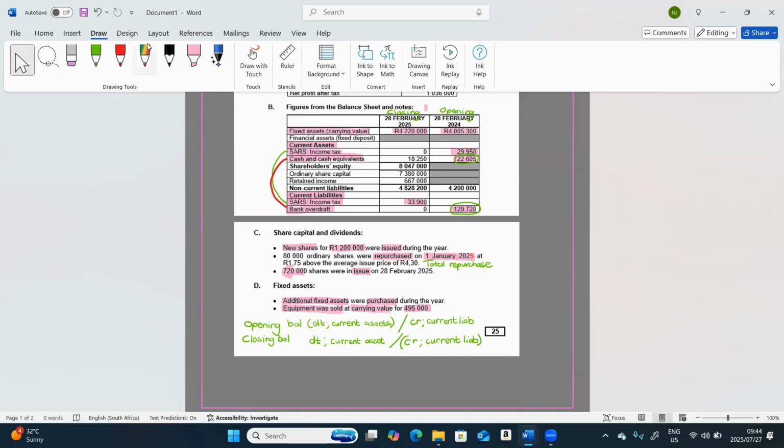When our loan balance increases, it was 4.2 million, and now at the end of the year it's 4.8 million. Our loan balance had increased, so we borrowed more money and received that money. So that is a cash inflow.